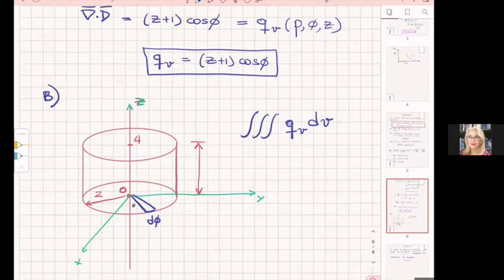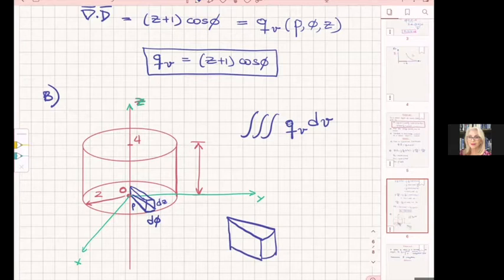This is rho though. And then I take a differential z. Okay, so this is dz. So practically, it looks like a piece of cheese here. Why did I do it like that?